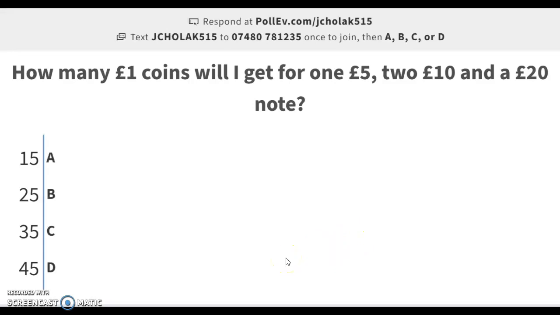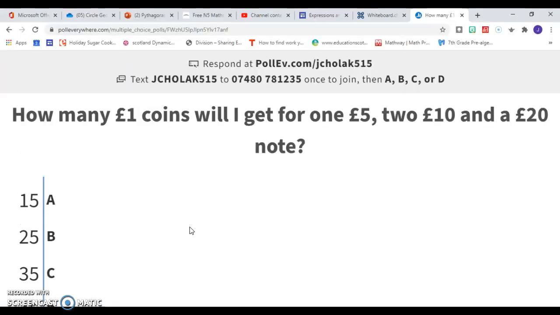So next question. How many £1 coins will I get for 1 £5 note, 2 £10 notes, and a £20 note? So take a moment to think about this question here. So we have 1 £5, 2 £10, and we have 1 £20 note.